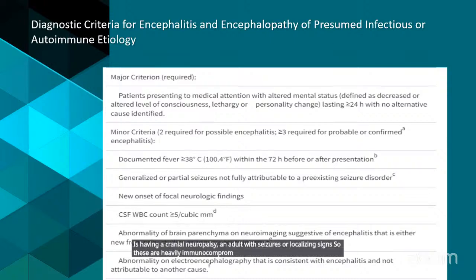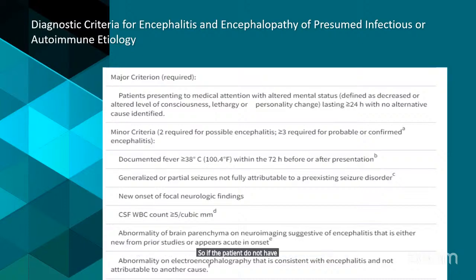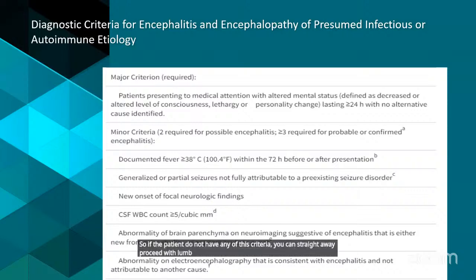So the most important aspect of the recent WHO guidelines is that if the patient does not have any of these criteria, you can straight away proceed with lumbar puncture as well as drawing blood culture, and within 1 hour you are supposed to start the patient on antibiotics.